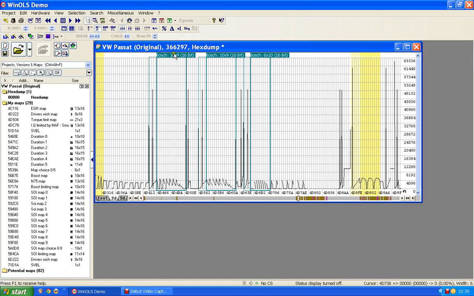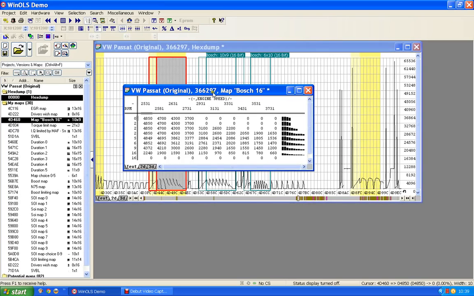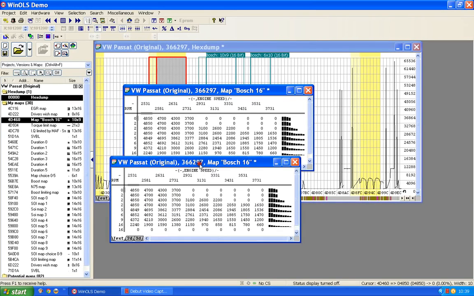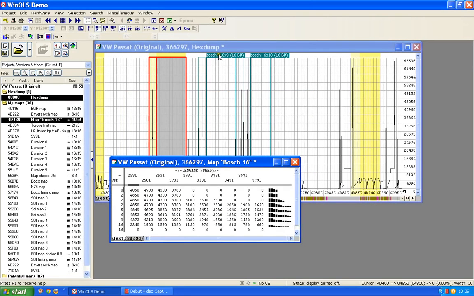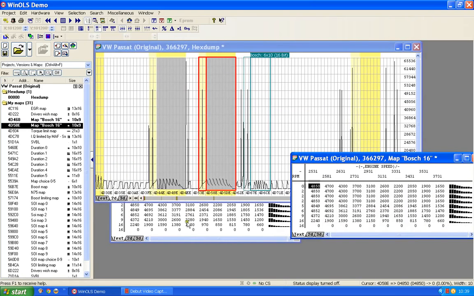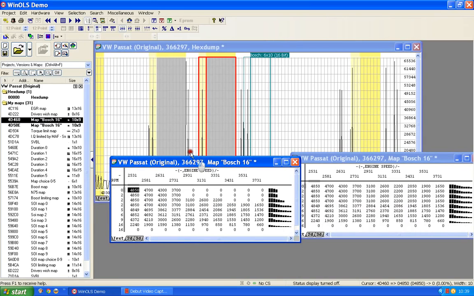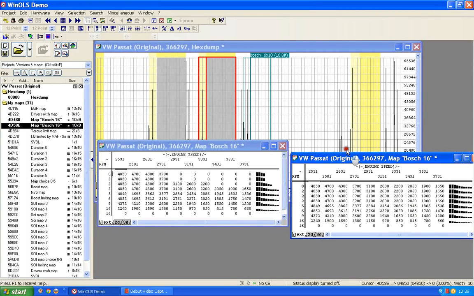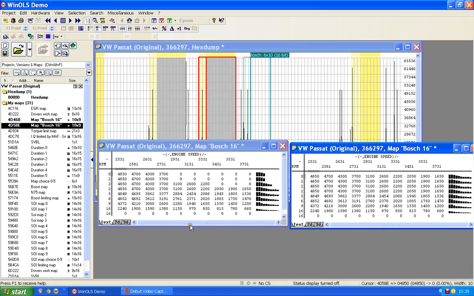Now what I'm going to do then is I'll click on that one. There we go. And at the same time I'll click on that one, and there's a reason for this. That reason being they look very, very similar. Now let's have a look and see what we've got.